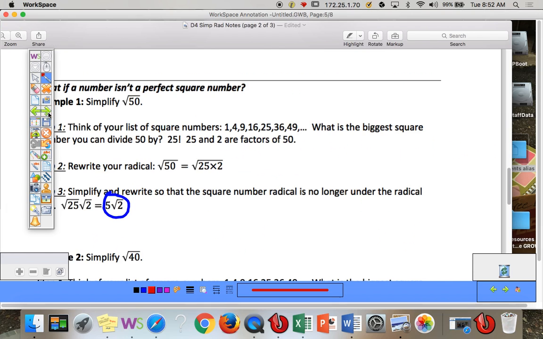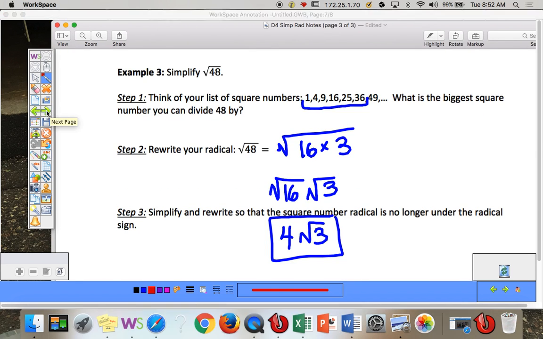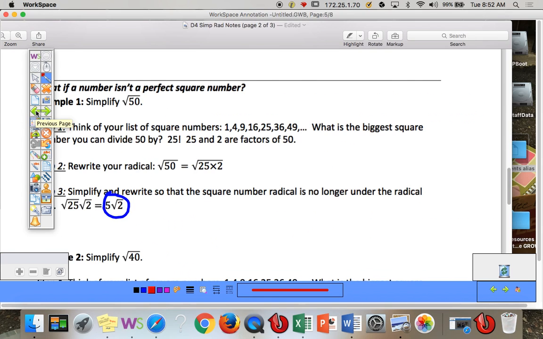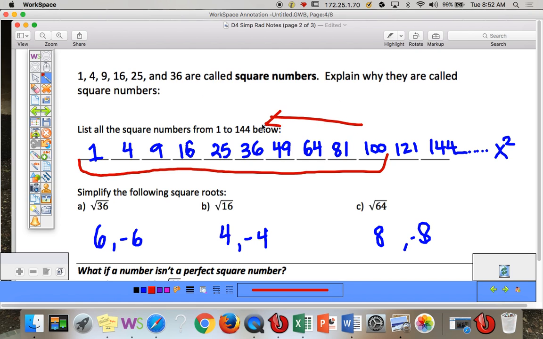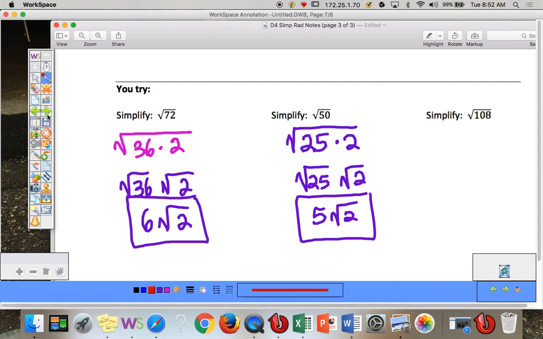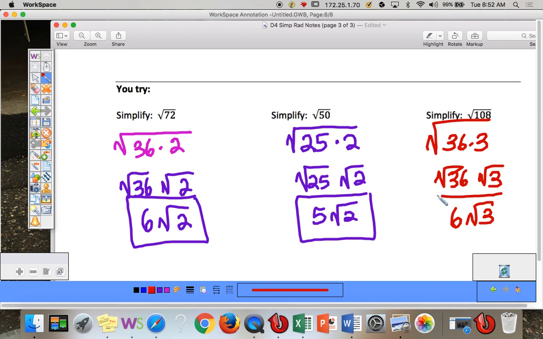All right, so when I'm dividing, I actually start from the highest number down, so I'm going this way right here. And the biggest one that I got was the square root of 36 times 3. The square root of 36, so I'll rewrite this. The square root of 36 is 6, so we have 6 square root of 3.